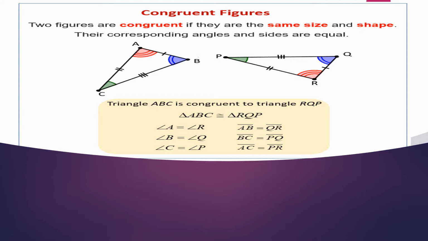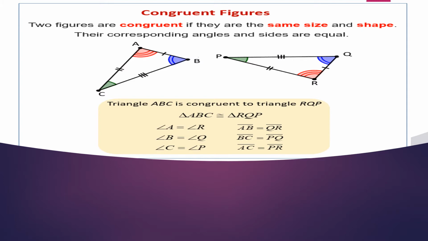So now we see that the sides of triangle ABC coincide with the sides of triangle PQR. So from this we can say that triangle ABC is congruent to triangle RQP.